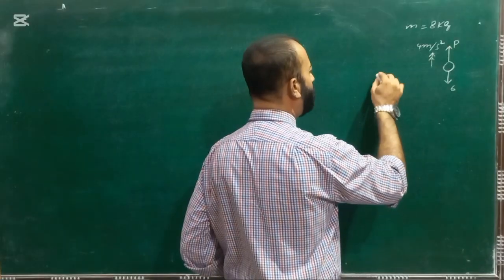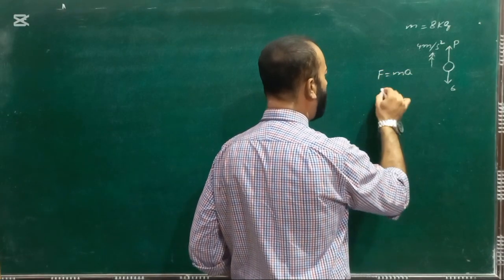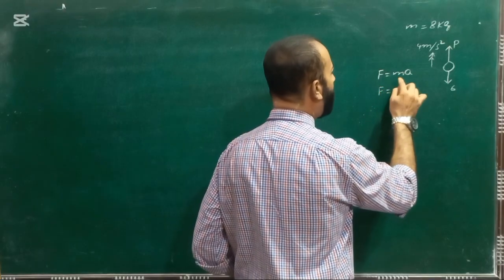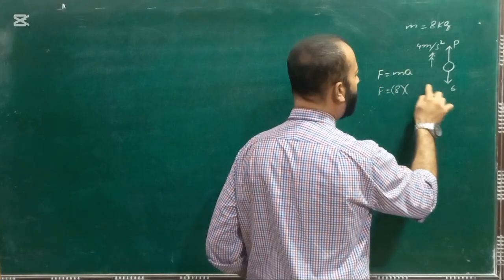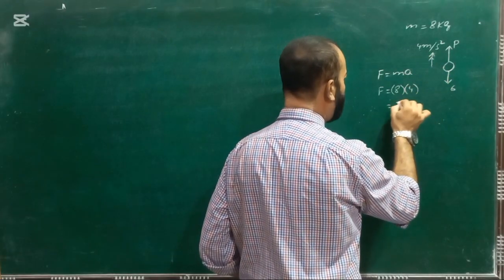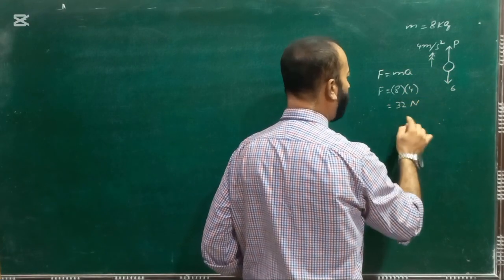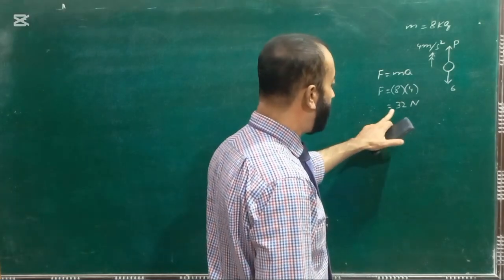The formula used will be F is equal to MA. F is the requirement, M is 8 kg, and A is 4. So 8 fours are 32 Newton is the force. That will be the resultant force.